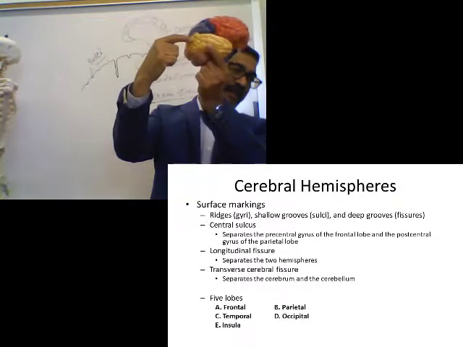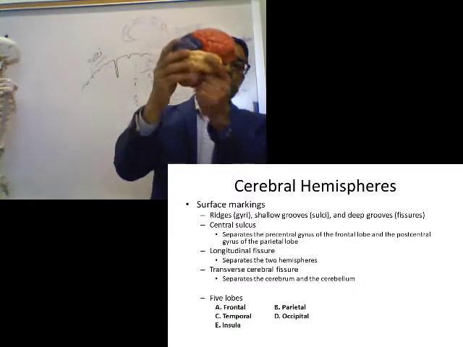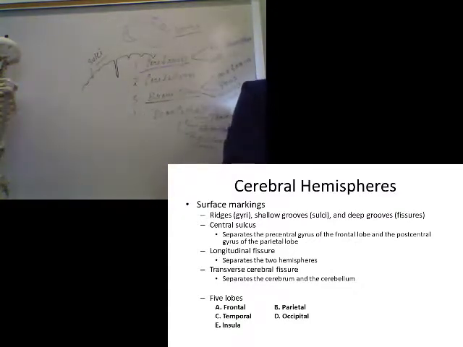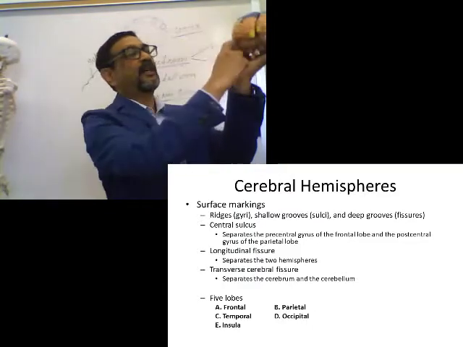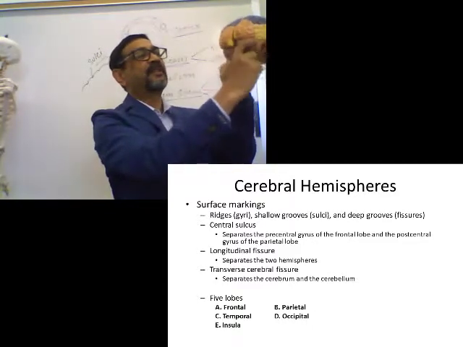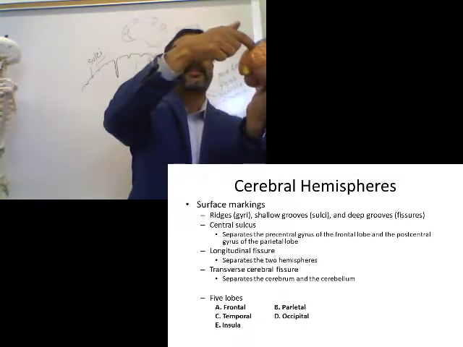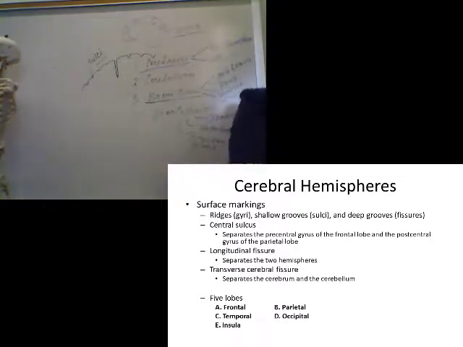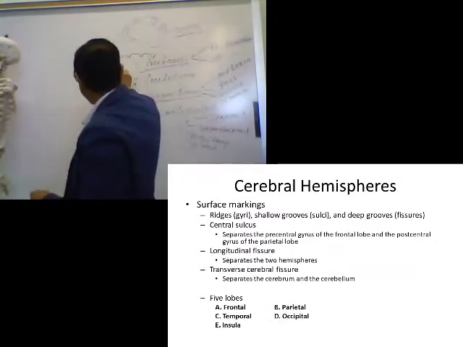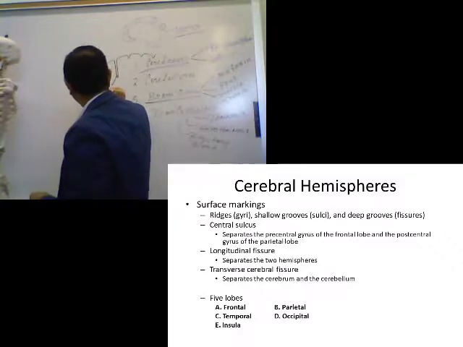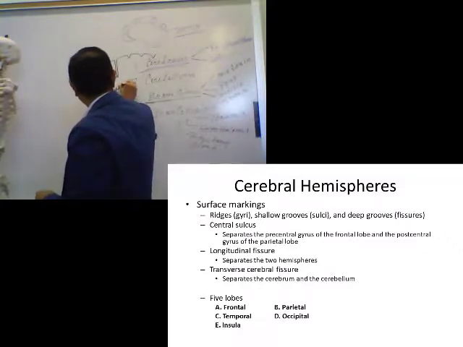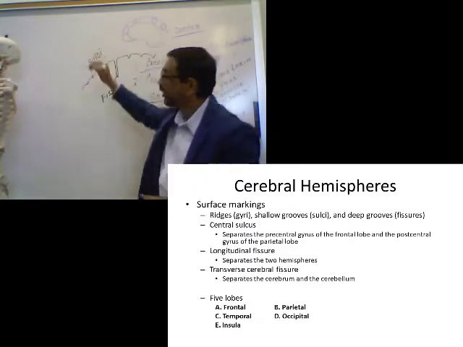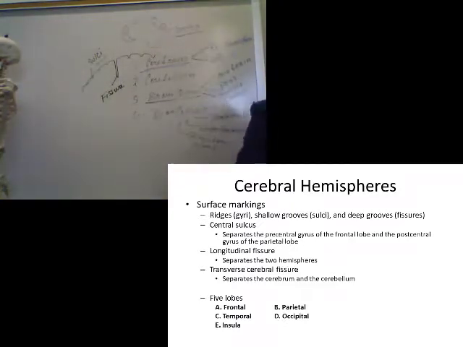Make sense? And deep grooves are only a few. I have already mentioned them: the transverse fissure, the longitudinal fissure. So there are a few deep grooves, those are called fissures. So a deep groove is a fissure, and shallow grooves are sulci.